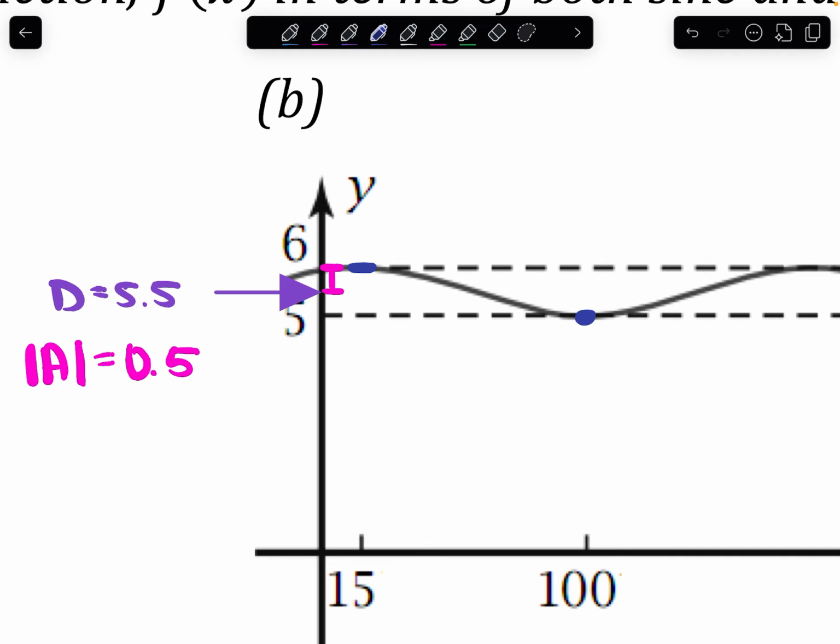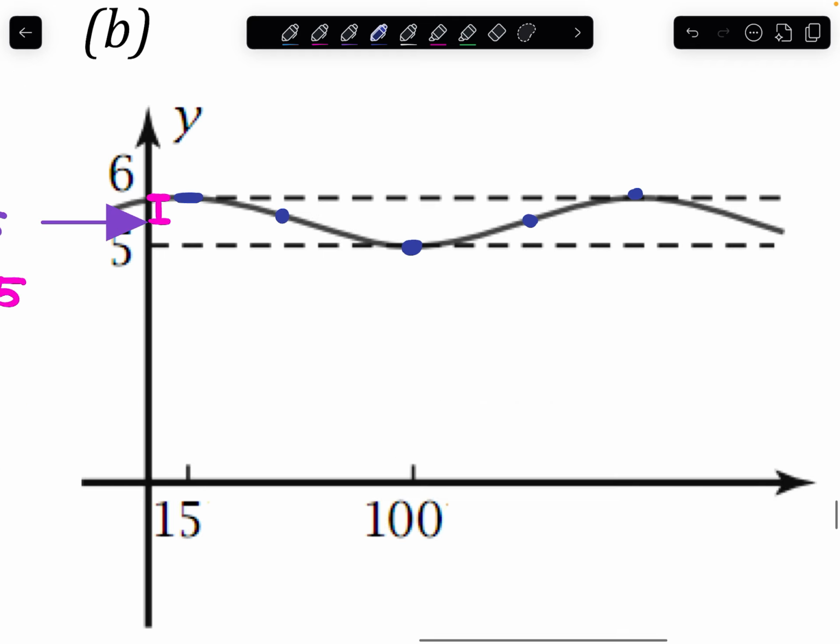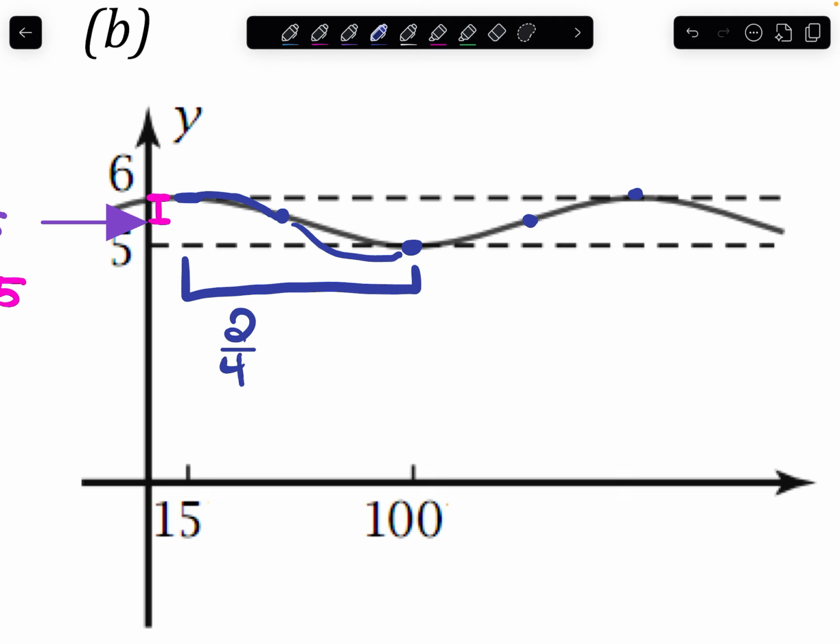115 is our low. So we go from a high to a low. So if we look at how much of a period that is, it helps put some dots in here. I've got, let me get them marked here. We've got 1, 2 of the 4. So 2 of the 4 is a half. So we have half the period.